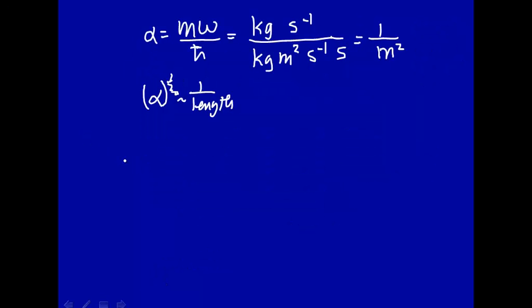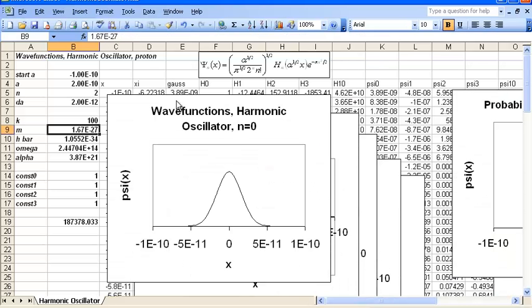Let's go back and see what that looks like. Alpha is mass times omega, and omega was equal to the square root of k over m. So you would expect that alpha, related to the standard deviation, would depend on the spring constant and also on the mass, and that's what we found.